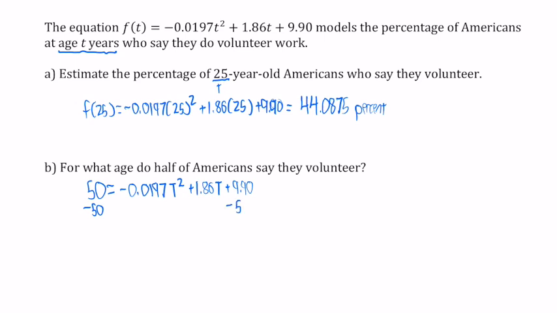To use the quadratic formula, we need to have it equal to 0. So we subtract 50 from both sides, giving us 0 equals negative 0.0197t squared plus 1.86t, and then 9.9 minus 50, we have minus 40.1.